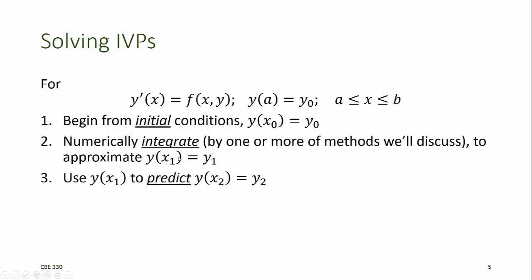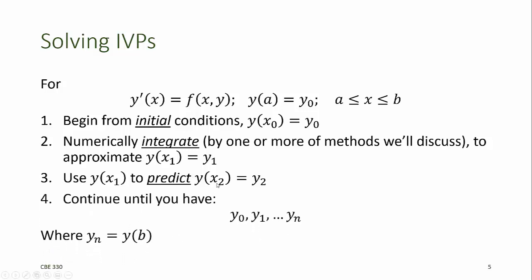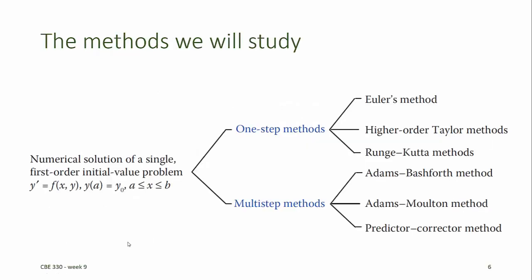Then we use that approximate value of y at x1 and the same method or a different method from the one that we used in step 2 to predict y at x2. And then we continue until we have values of y at each point of interest in the domain until we reach y at b.